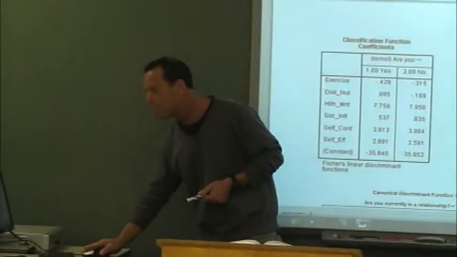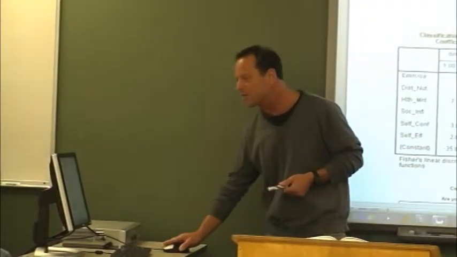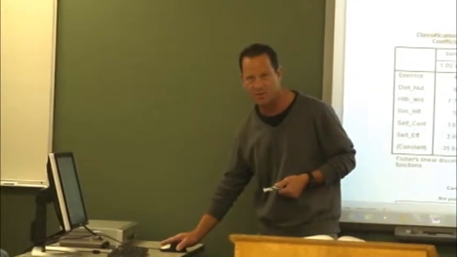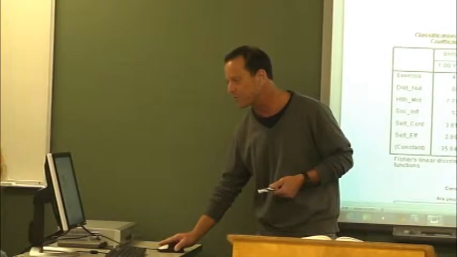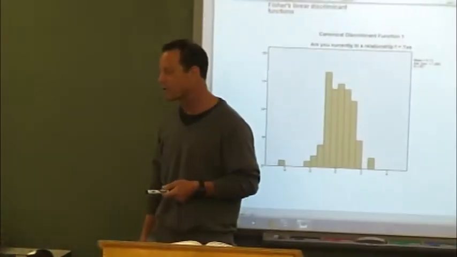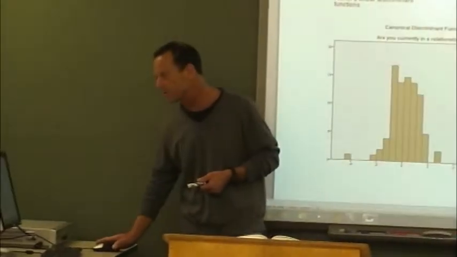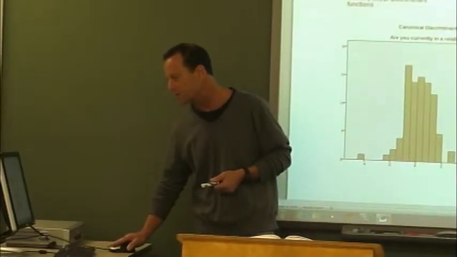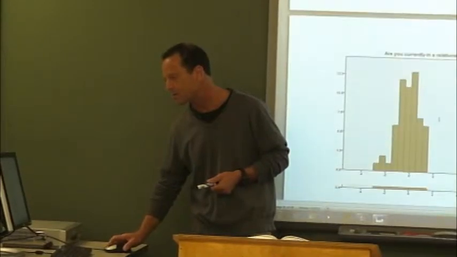And you can play with the priors if you want. So based on these classification function coefficients, these are used for classification. Here's the first group. Are you currently in a relationship? Yep. And these are the discriminant scores.